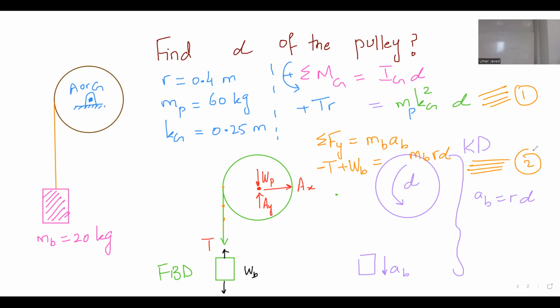No one found it. Okay, since none of the students told me the answer, I will tell you that alpha comes out to be 11.3 radian per second squared.